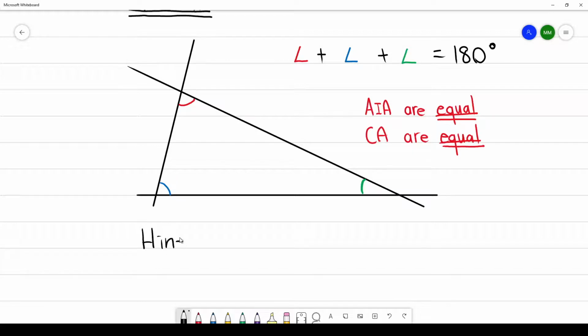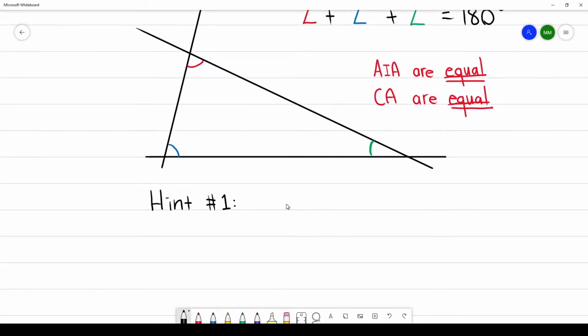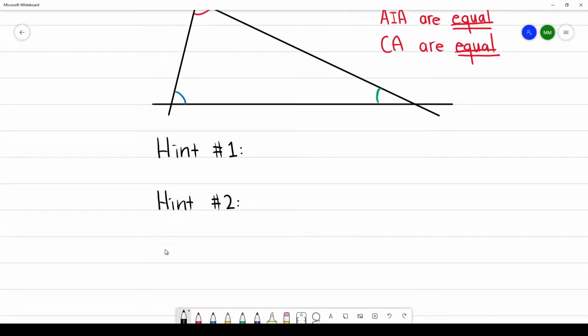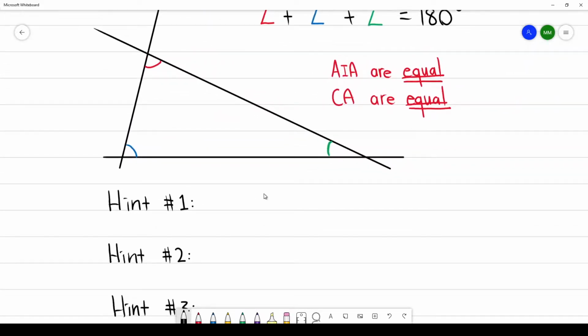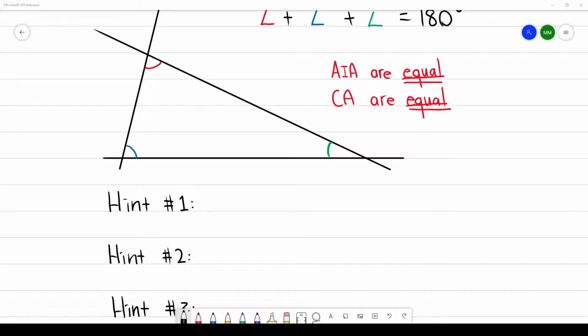So I will have 3 hints for you. And then hint number 2. Hint number 3. Now, first I want you to think about it yourself. But if you are really struggling and don't know where to start, just type in the chat and ask for a hint and I will show you a hint.